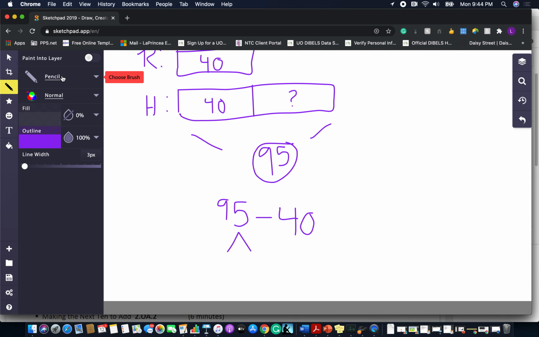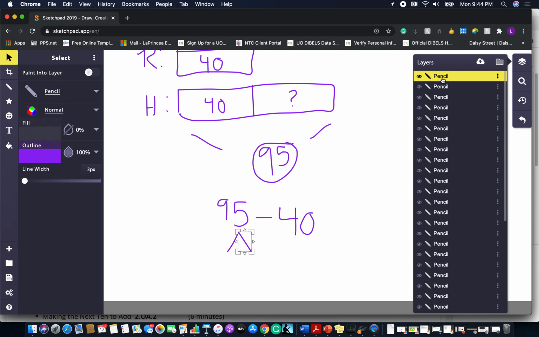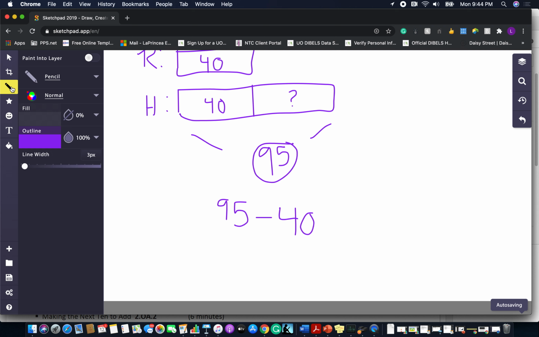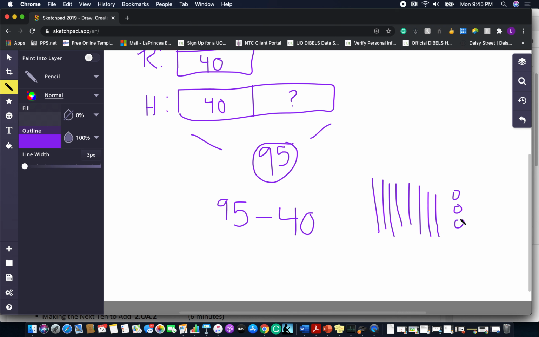Actually, I think I'm going to draw. I think that will be my easiest one. So, I can draw 95 and take away 4 tens, which is easy. So 95 looks like 10, 20, 30, 40, 50, 60, 70, 80, 1, 2, 3, 4, and 5.